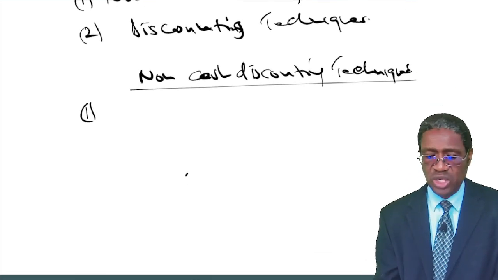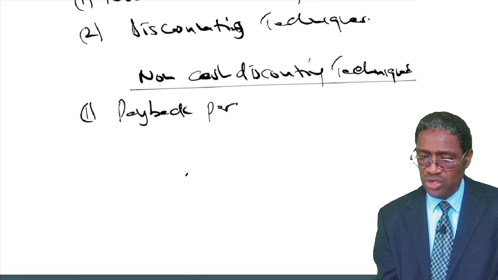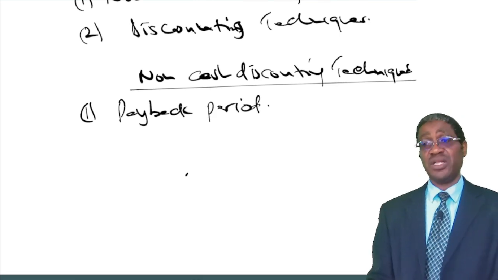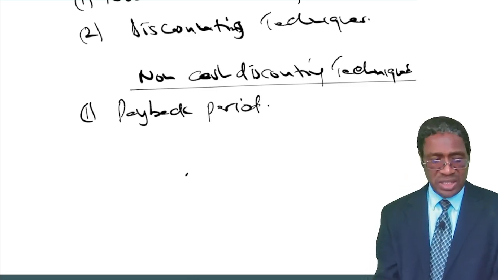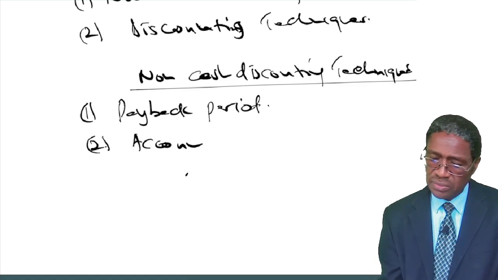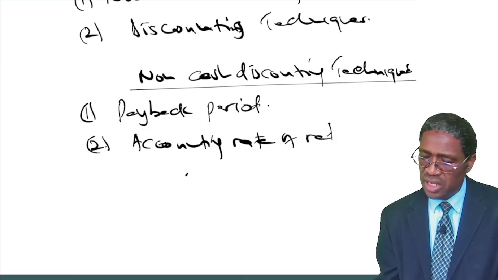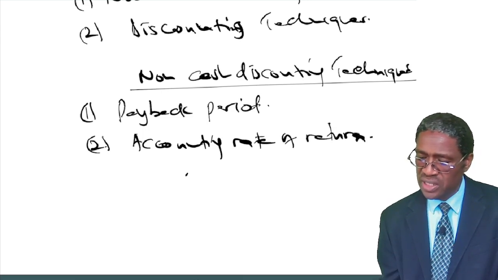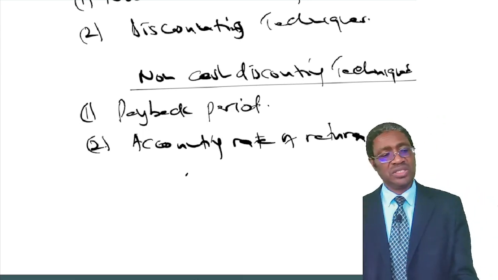One is what we call the payback period. That is one method you can use to evaluate projects under this category. The second one is what we call accounting rate of return. That's another method under the non-cash discounting techniques.